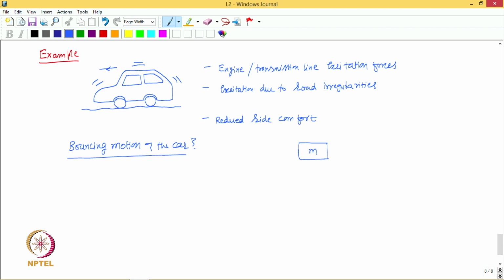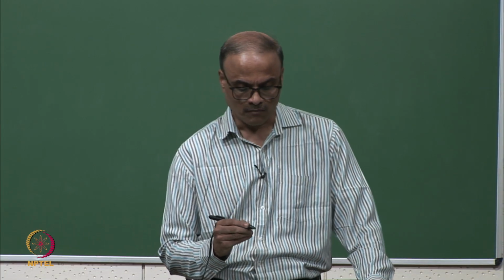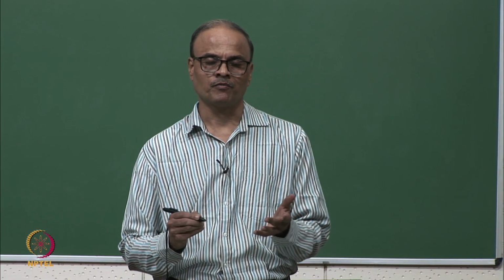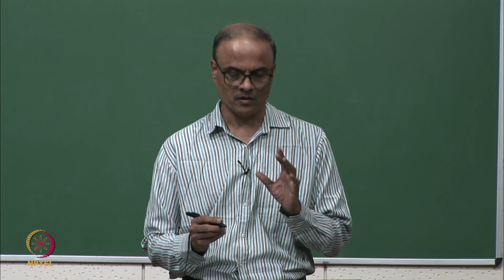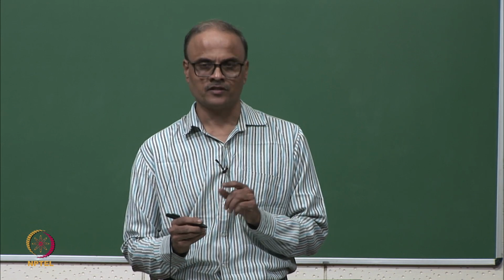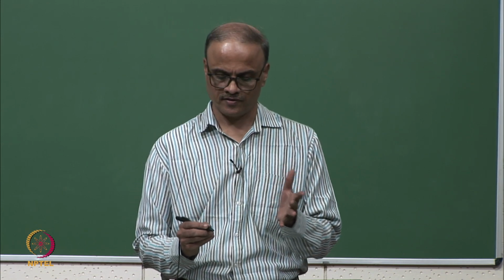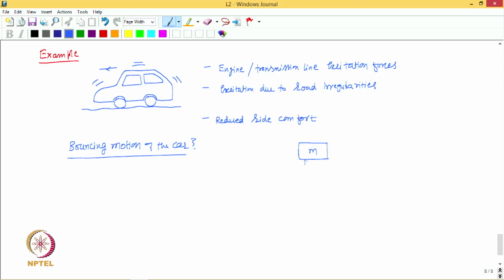And then we can represent the stiffness of the car. The bouncing motion primarily occurs because of the flexible suspension and flexibility of the tires. As a first approximation, we can combine the stiffness of the tire and the stiffness of the suspension as two stiffnesses in series, obtain the equivalent stiffness, and represent it by a spring element like this.